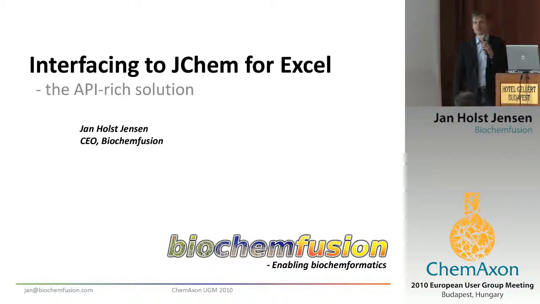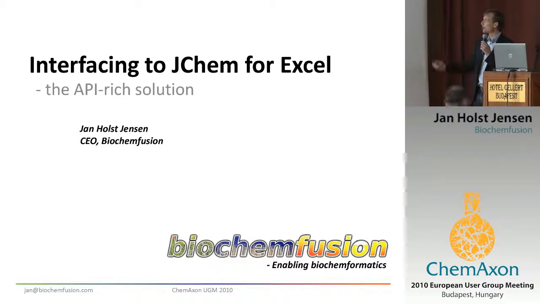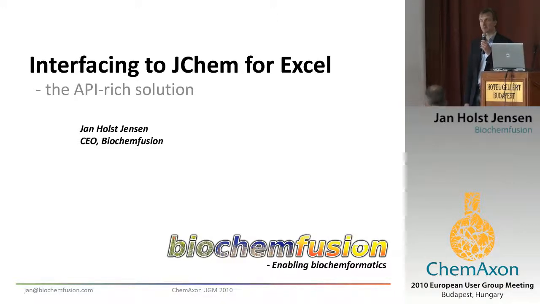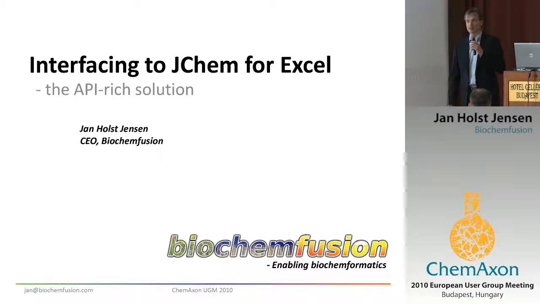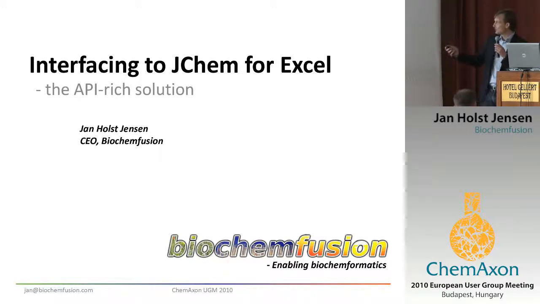Last year I did a presentation on how to use Marvin Sketch for structure editing inside Biochemfusion's products. This time I'm going to talk to you about how Biochemfusion's products are able to interface directly to JChem for Excel. And the subtitle is always sort of a reference to last year's presentation that was an API-free solution.